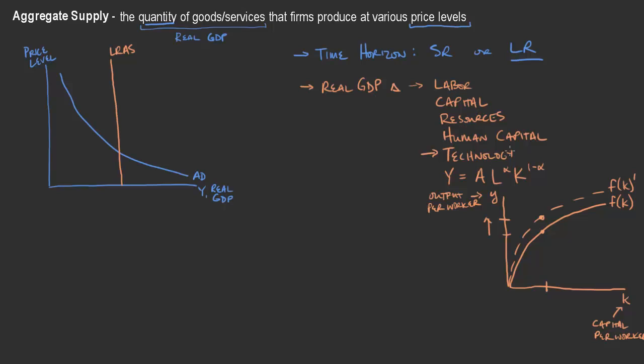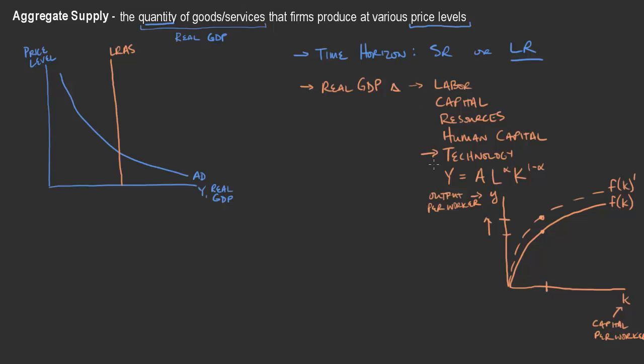And unless we have some changes in these inputs within the economy, companies are not going to supply more goods. They won't have the ability to supply more goods unless they're more productive, unless there's technology improvements, or unless we're able to systematically improve the level of skills for the workers that they have available to them, or if we have some sort of big increase in the capital stock.